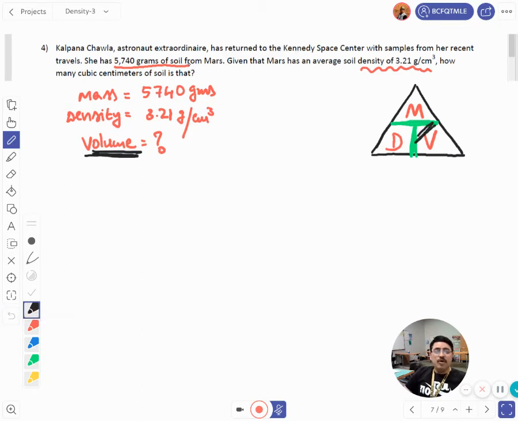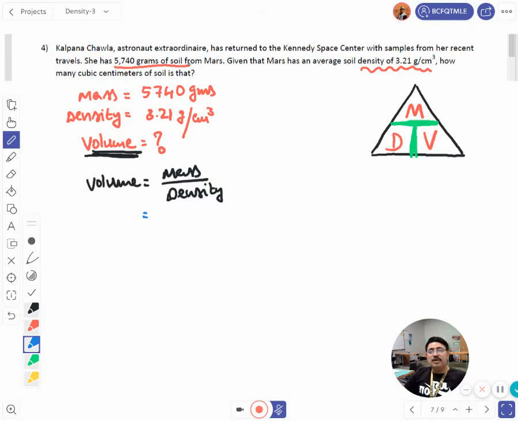Therefore the volume, if you mask it, the formula is m over d, or mass per density. Therefore let me write that volume equals mass per density. Then just plug in these numbers.